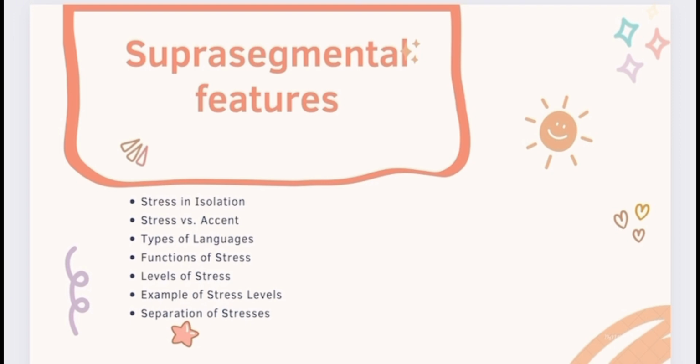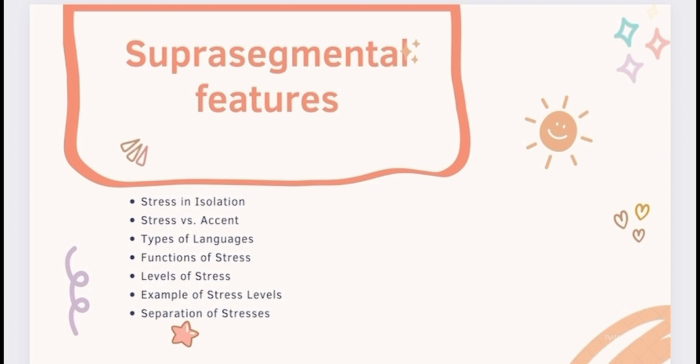Stress versus accent. While stress is often used interchangeably with accent, it's important to distinguish that accent in this context does not refer to dialect features, but rather the emphasis placed on specific syllables. Types of language: various languages in the world have different systems of accentuation.